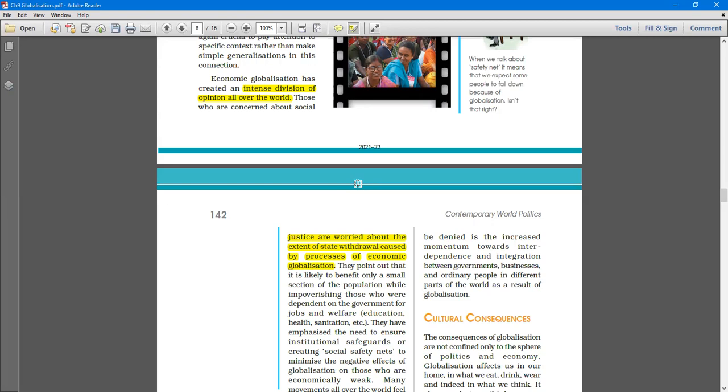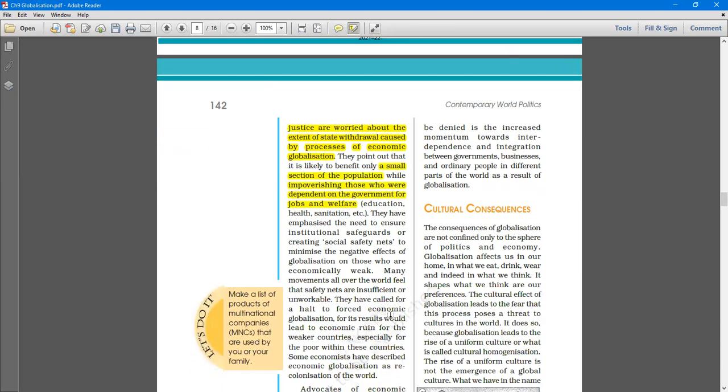Open competition is part of globalization. So they point out that it is likely to benefit only a smaller section of the population, while impoverishing those who were dependent on the government for jobs and welfare. Even for their basic necessities, they were dependent. So now with the process of globalization, what has happened?